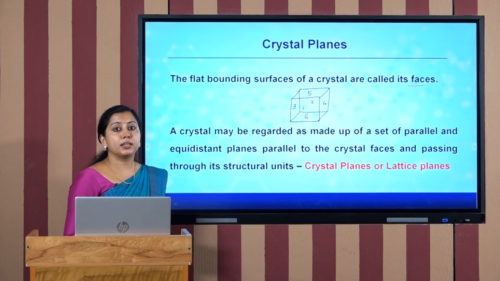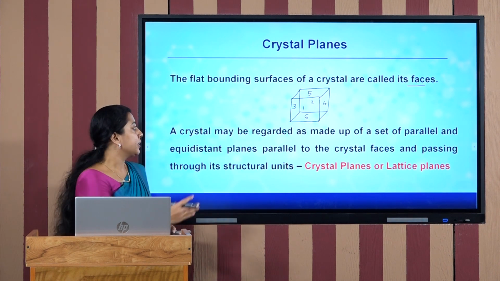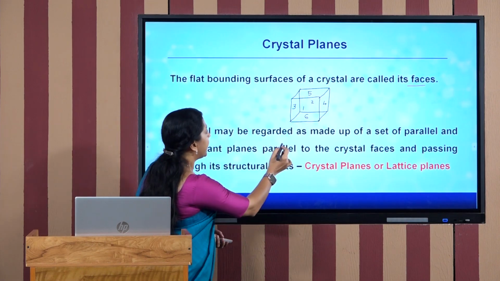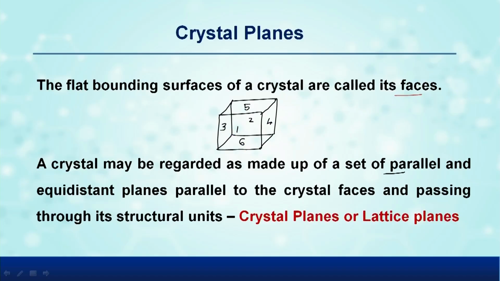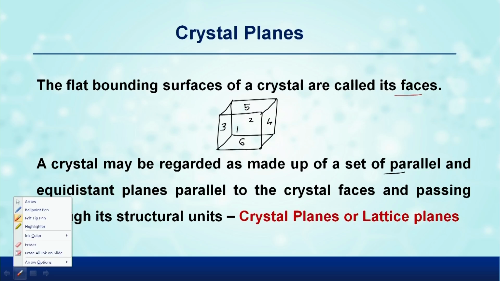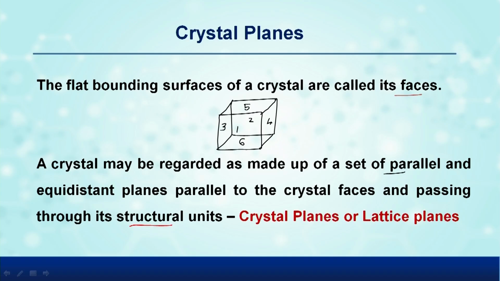Now, when we consider the crystal as a whole, it can be regarded as made up of a set of parallel and equidistant planes parallel to the crystal faces and passing through its structural units. Now, what are the structural units?